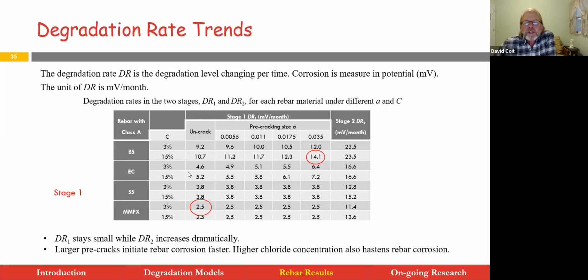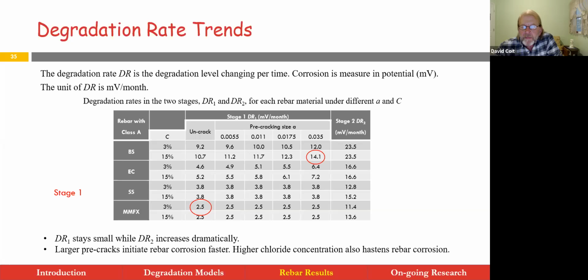And you know, we see here, and this is in stage 1, black steel with a big crack size and a high chloride concentration, not surprisingly, has a very high degradation rate, whereas the MMFX has low. Now you notice if you look across the MMFX, I have the same number. I want to be clear here. It isn't that the crack size has no effect.